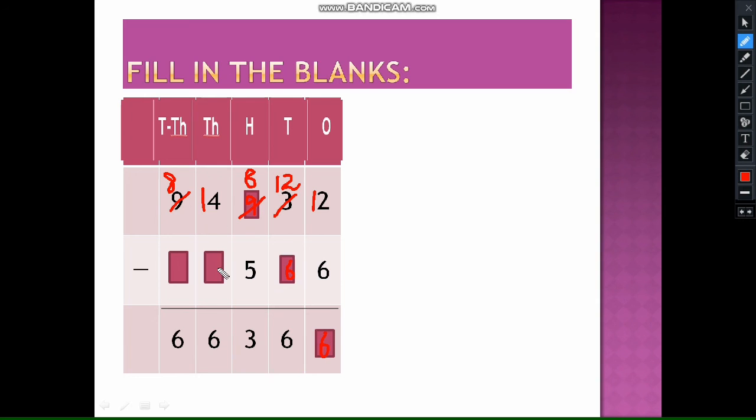So that means 14 minus 6, here it will be how much? 8. And from here we already have 8 here, 6. So we will subtract 8 minus 6. So we get here 2. So now we have found all the missing numbers.